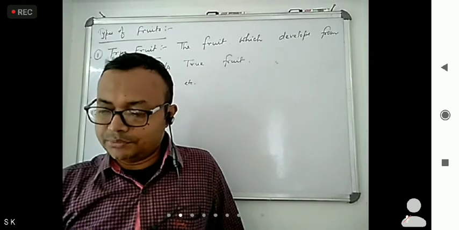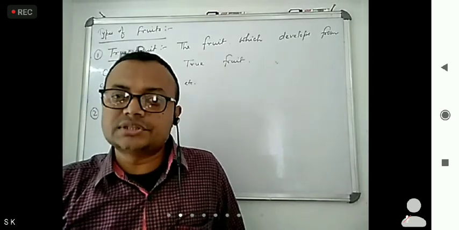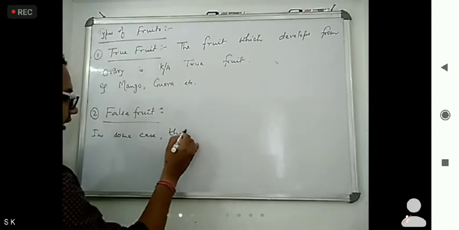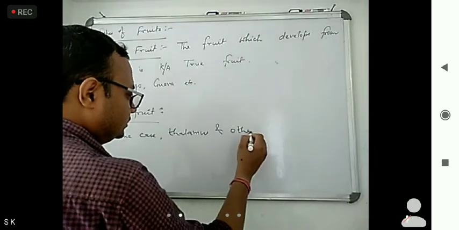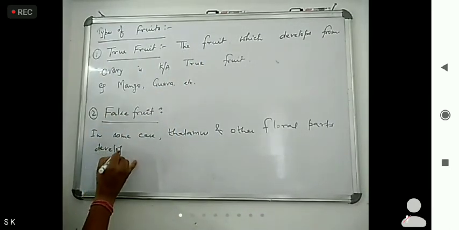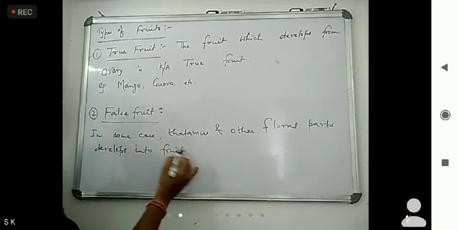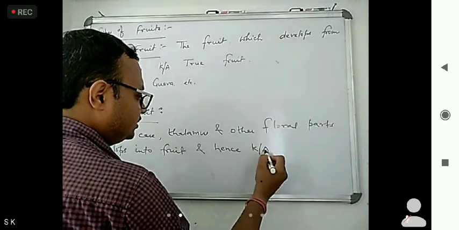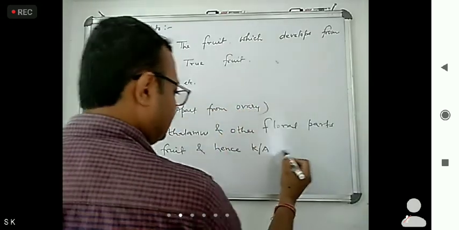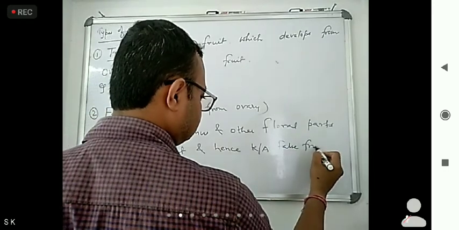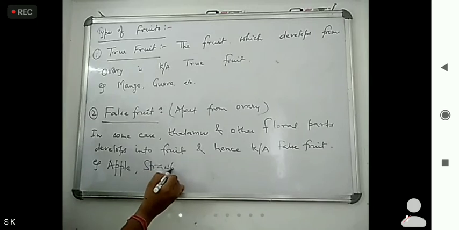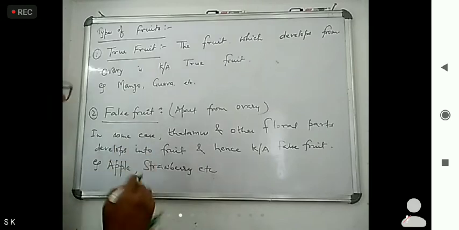In some cases the thalamus and other floral parts develop into fruit, and hence it is known as false fruit. For example, apple, strawberry, etc.